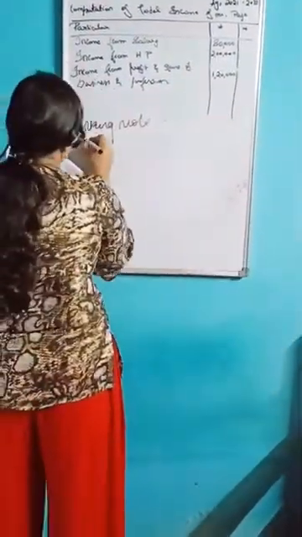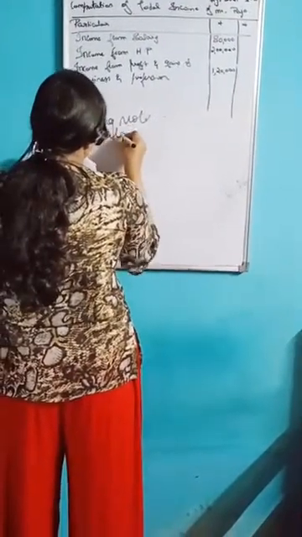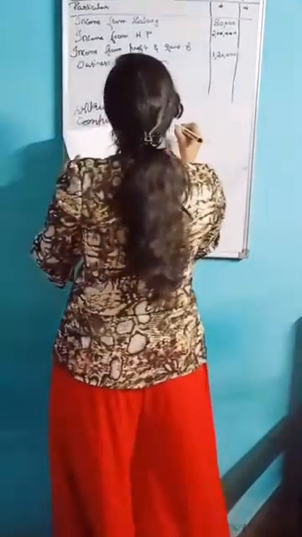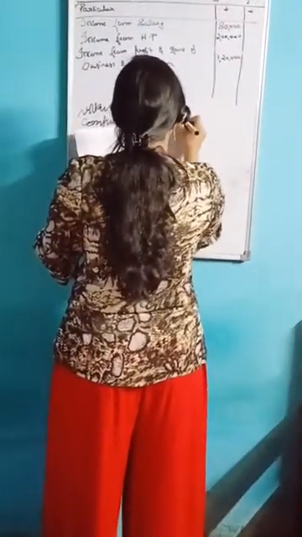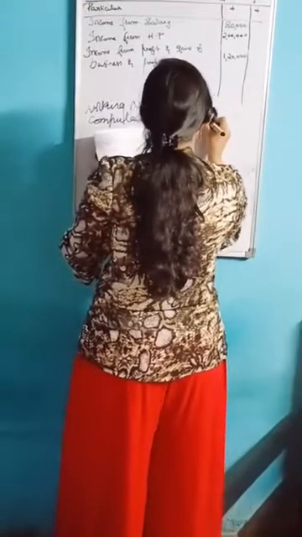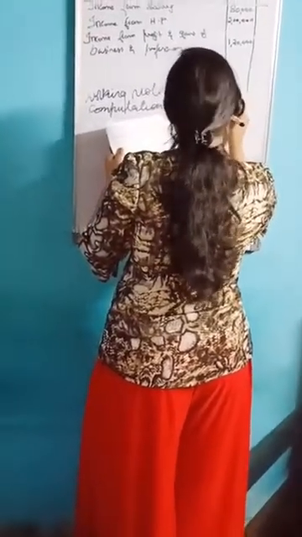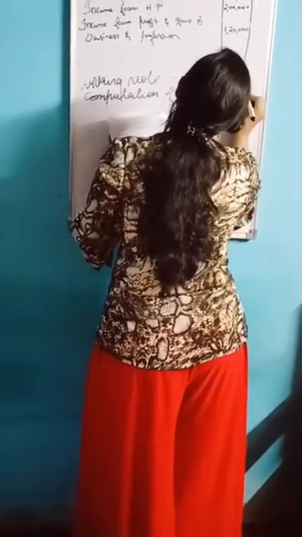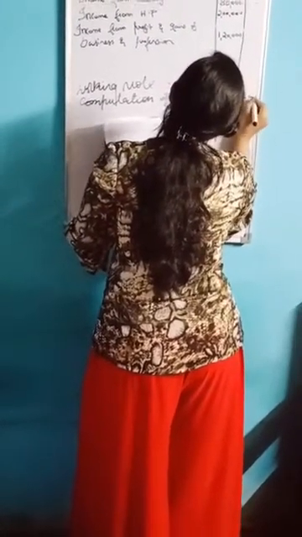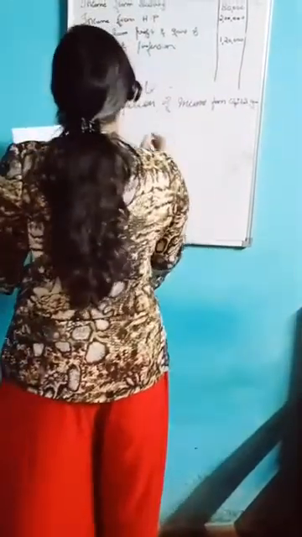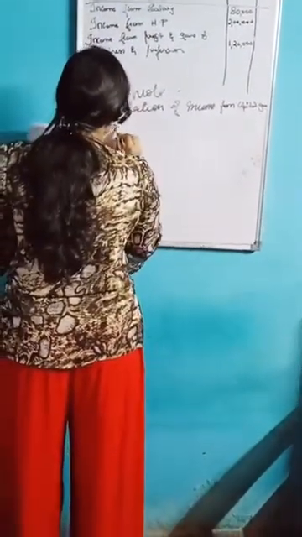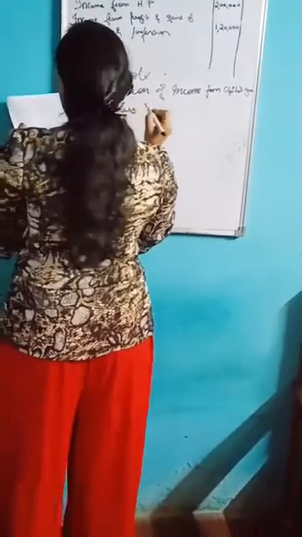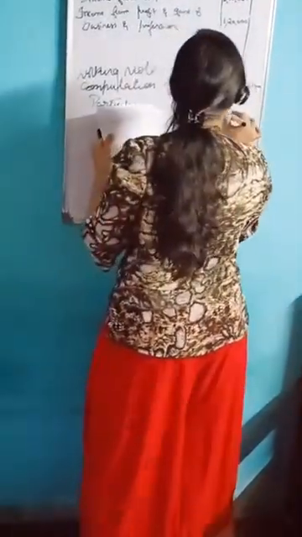So here computation of income from capital gain, particulars and the amount column.